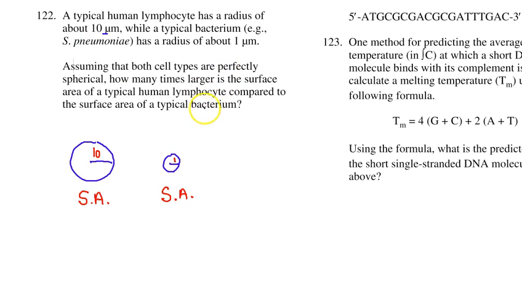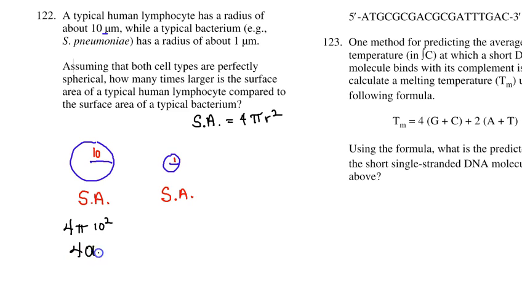So the surface area of a sphere is equal to 4 pi r squared. Now we can calculate this whole thing, but let's see what we have here. The radius is 10, squared. 10 squared is 100, times 4.